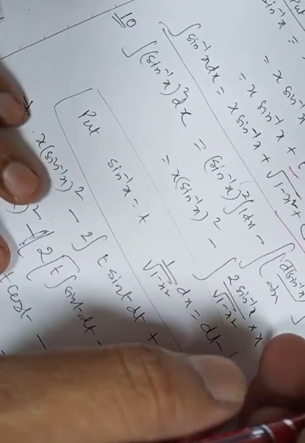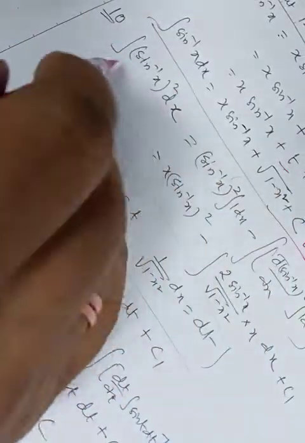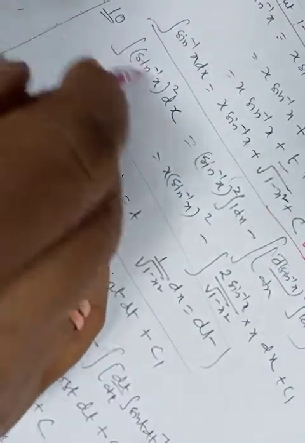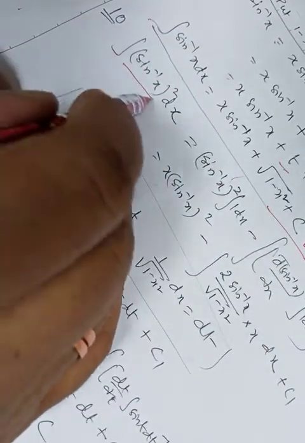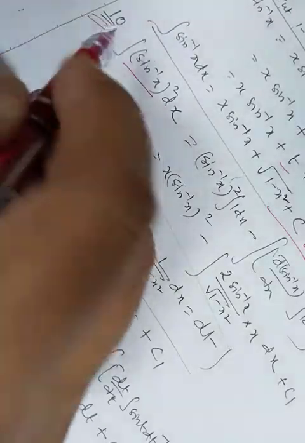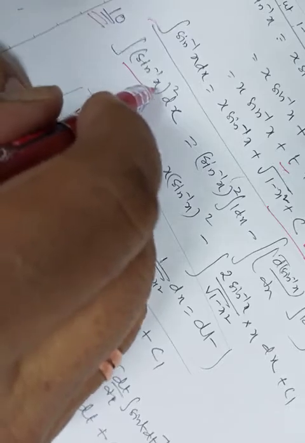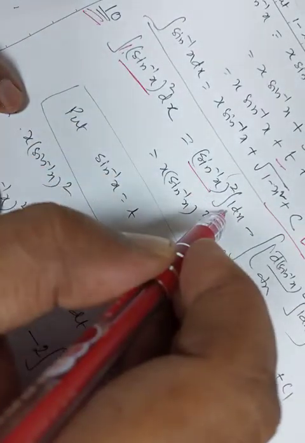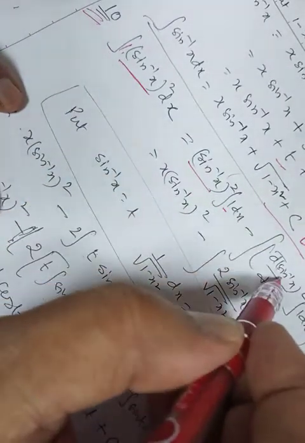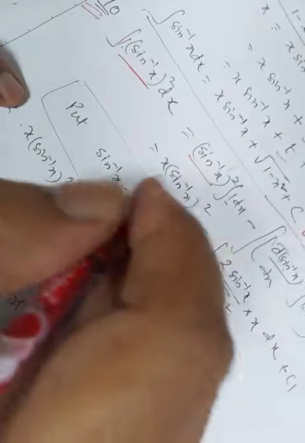Okay, now some important questions I will do. Now integration of sin inverse x whole square, question number 10. Two ways you can do it: we take sin inverse x as t, then proceed. I am doing it directly, 1 into this: first function into integration of second, minus differentiation of first into integration of second.